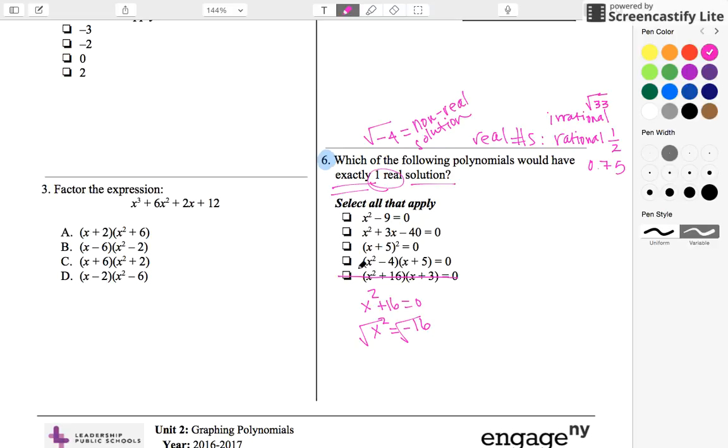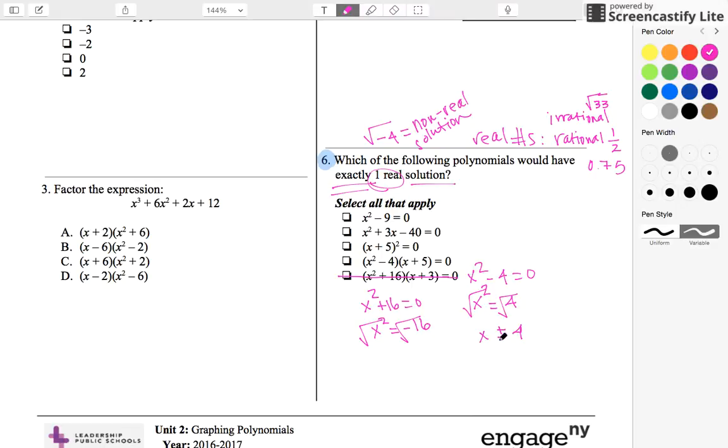And then right here, x squared minus 4, well, okay, I know x squared minus 4, when I set that equal to 0, is going to give me x squared equals 4, and I'm going to get x equals positive and -4. Okay, well, and also right here I have x plus 5.